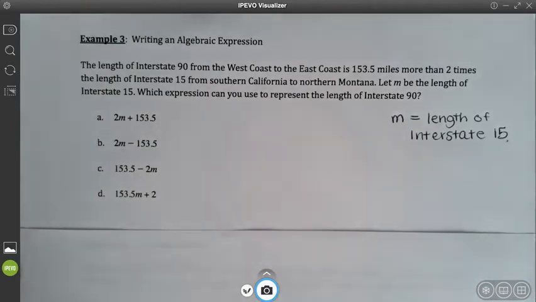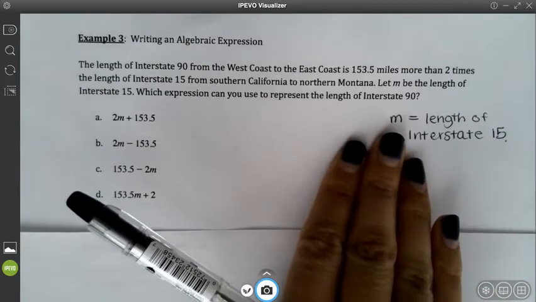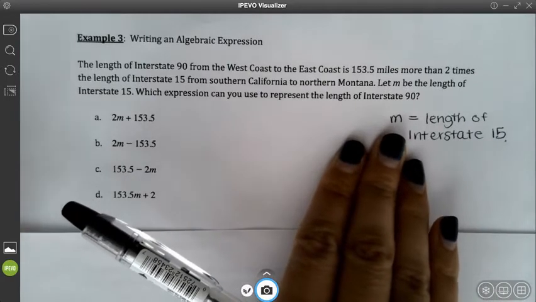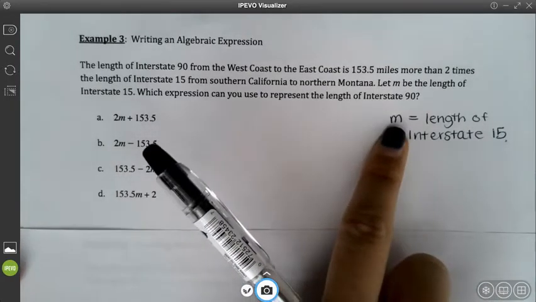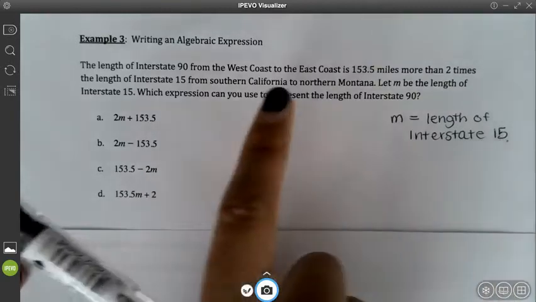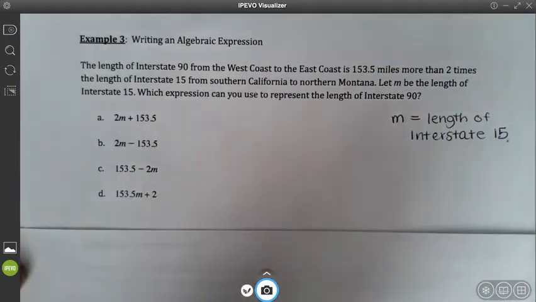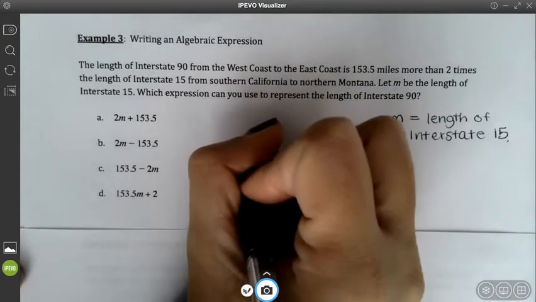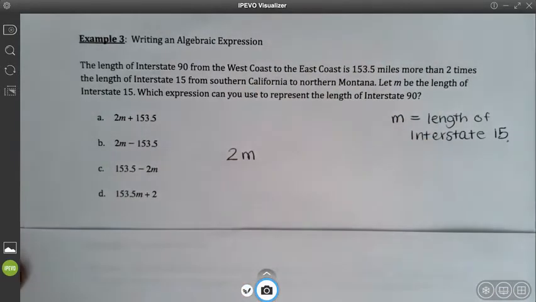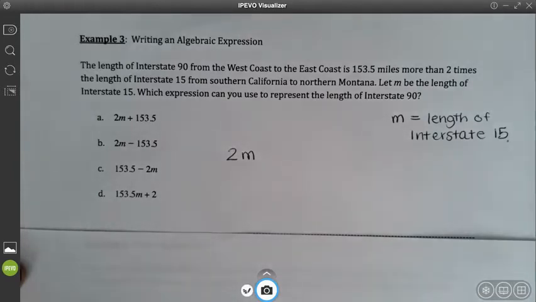Which expression can you use to represent the length of Interstate 90? So basically, once we have our variable, we can build our expression around it. So M is the length of Interstate 15, and we see that we are doubling, 2 times the length of Interstate 15. So I am going to write 2 times M. Remember, we don't need a multiplication symbol anymore.